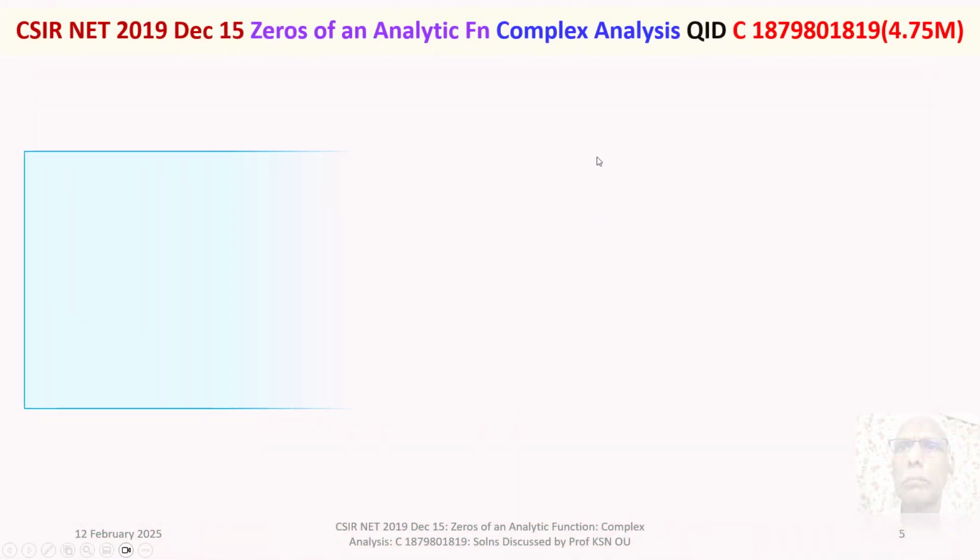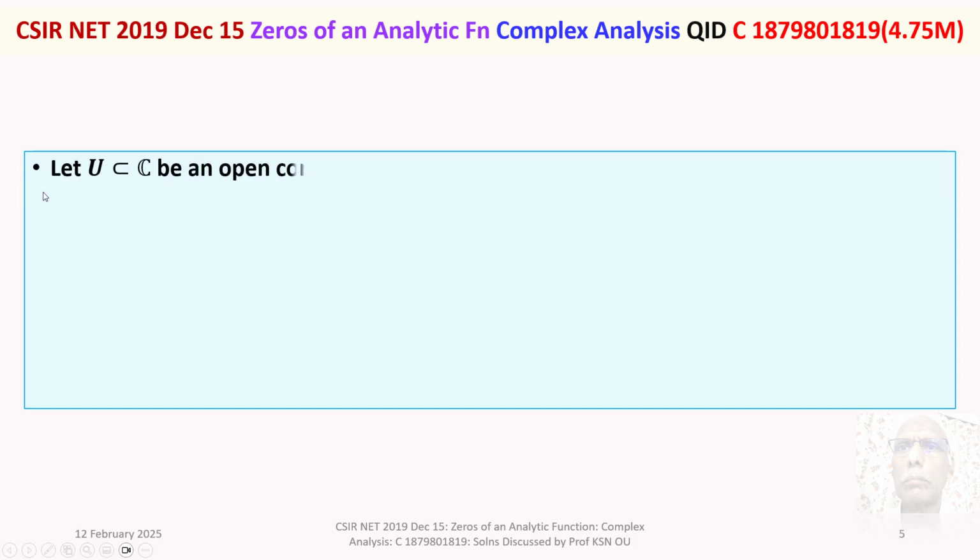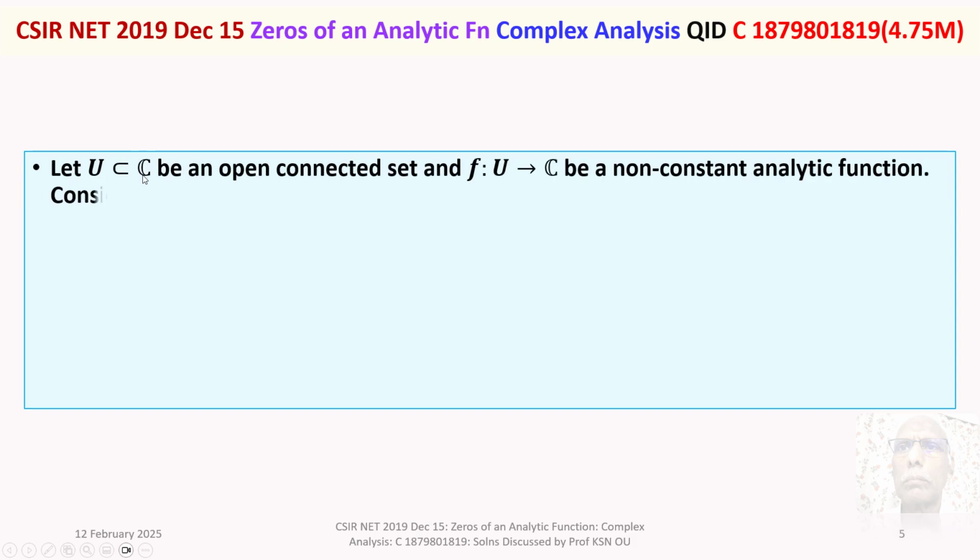Right. The given question is: let U be an open connected subset of C, and F is a map from U to C, which is a non-constant analytic function. Consider the following two sets.